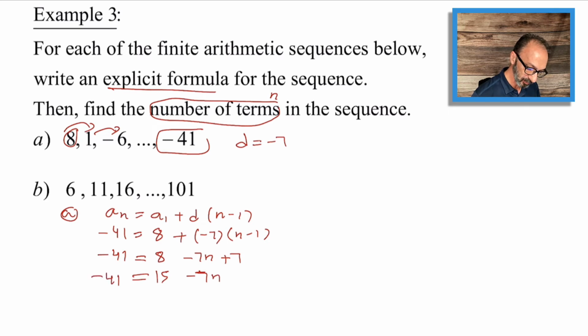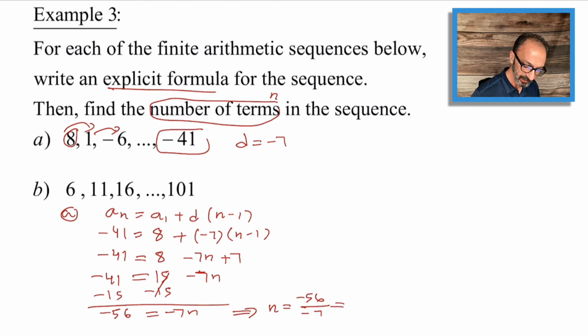Subtract 15 from both sides, and on the left side we have -56, and on the right side minus 7n. Now divide both sides by -7, so n equals -56 divided by -7, which is 8.